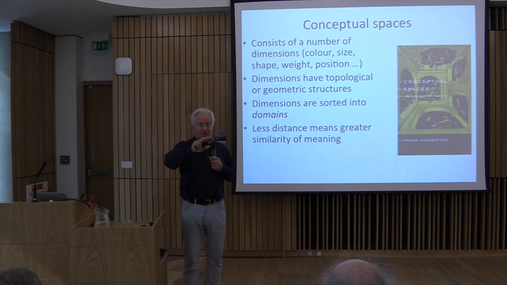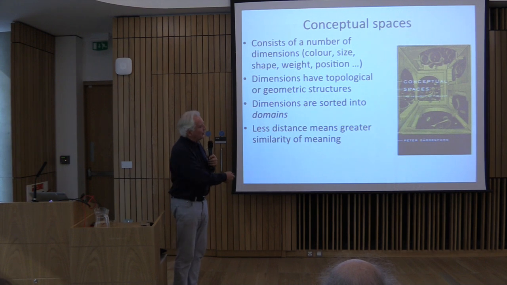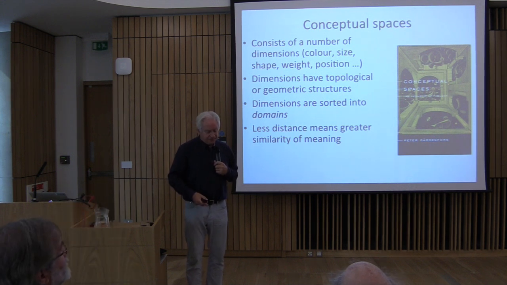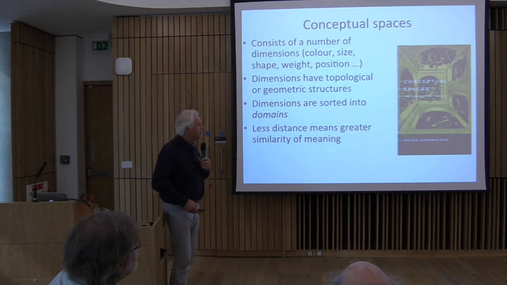If you have two objects that have weights that are close to one another, they have almost the same weight. Their weights are similar, and so on. Of course, if you have many domains, which many concepts have, then you have to weigh the domains together, and that's a separate problem.